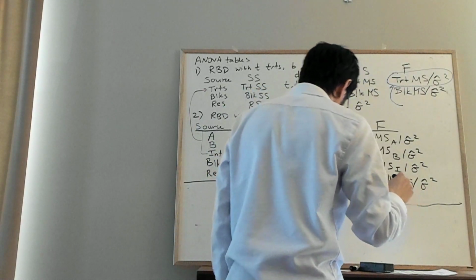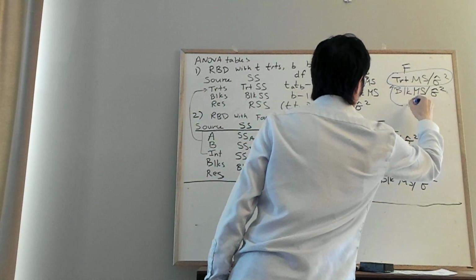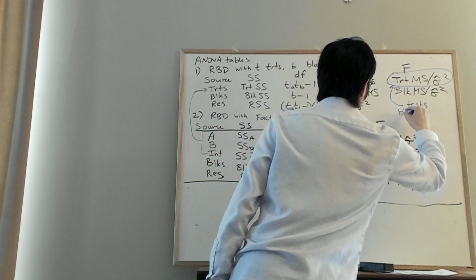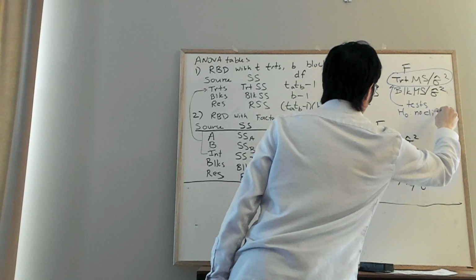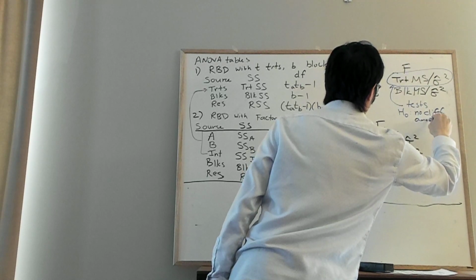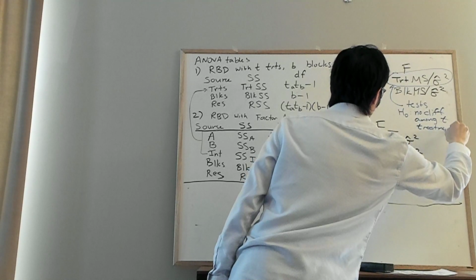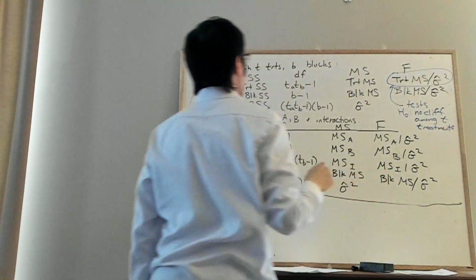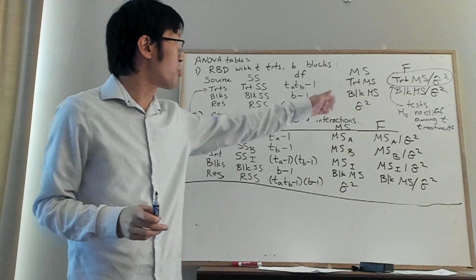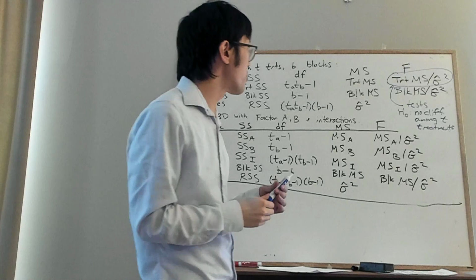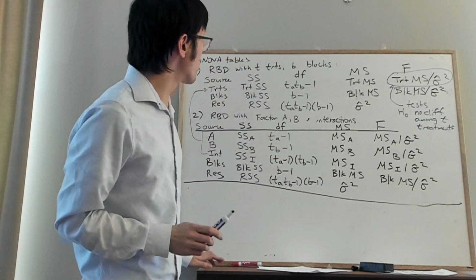So this tests the null hypothesis of no differences among all the T treatments. That's usually the hypothesis test we start with. We ask whether there's any differences among the treatments. And which F distribution do we use?